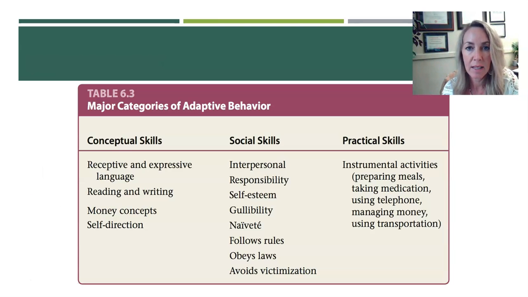But I want to go back for a second and just talk about adaptive behavior, because that's something a lot of people are not always clear on. This table right here gives you some skills that are related to adaptive behavior. Conceptual skills would be related to language and communication, reading and writing, but also math and how it applies to concepts and life skills like money concepts.